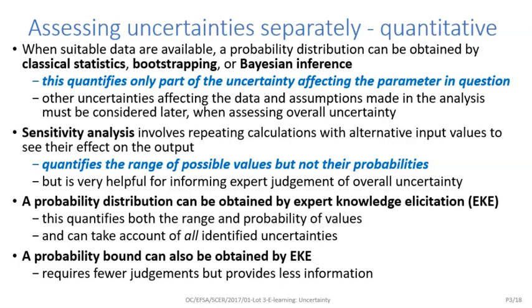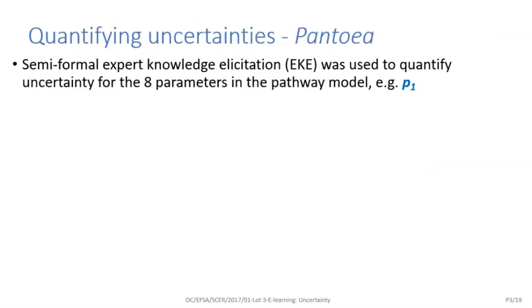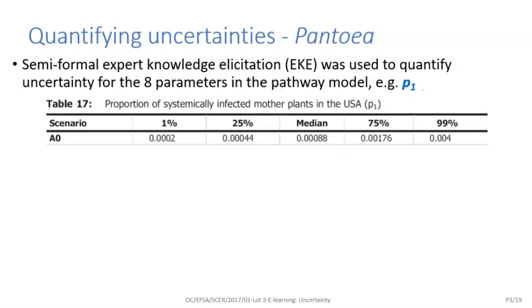All these methods are described in the opinion that accompanies the uncertainty guidance, and specialist support for using them is available within EFSA. In the Pantoea example, semi-formal expert knowledge elicitation was used to quantify uncertainty for the 8 parameters in the pathway model. For example, P1, the proportion of infected mother plants in the USA.